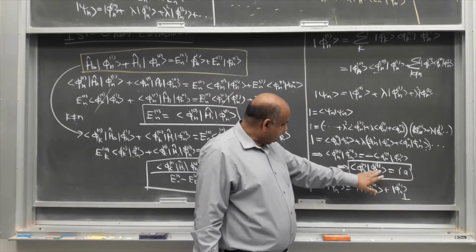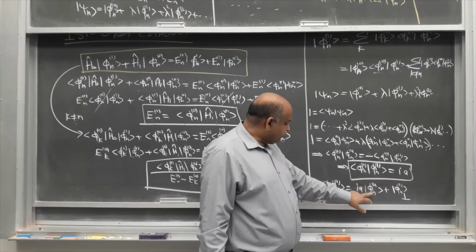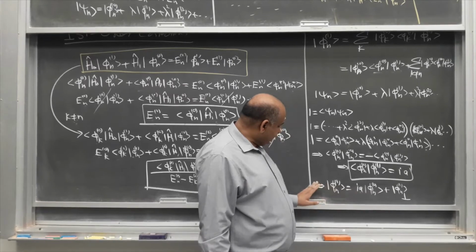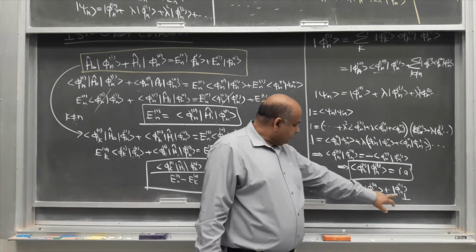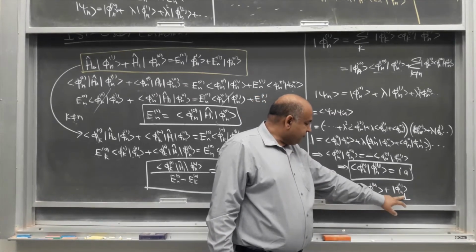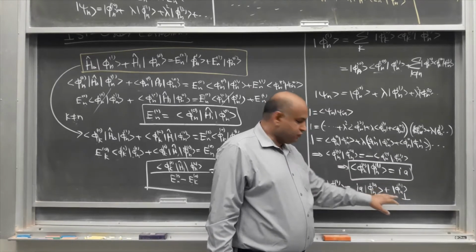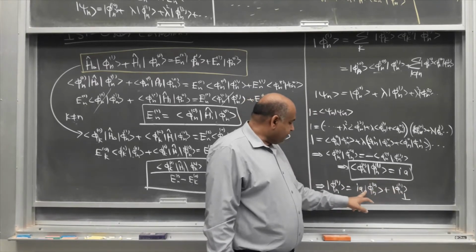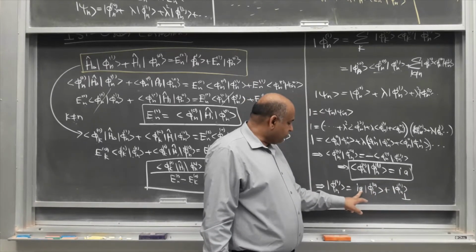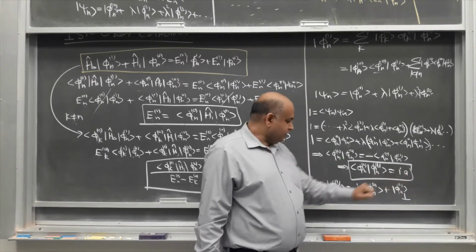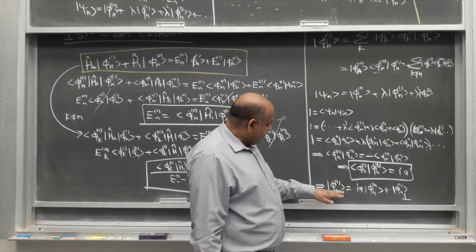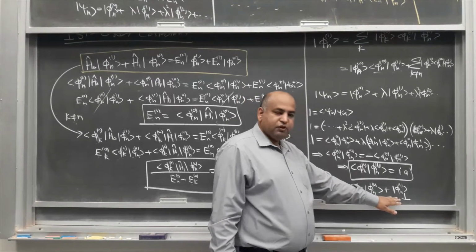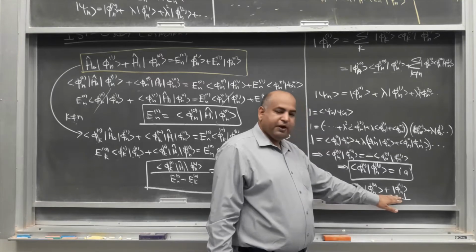There's a part in this phi n1 which is proportional to phi n0, and the proportionality constant is iota a, because if I now take its inner product with phi n0, the perpendicular part goes away. The dot product of the perpendicular part with phi n0 is 0, and the dot product of the other part with phi n0 is iota a. So we see that phi n1 can be written as a part parallel to phi n0 and a part perpendicular to phi n0.